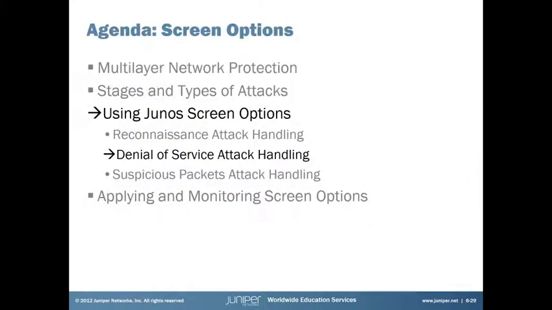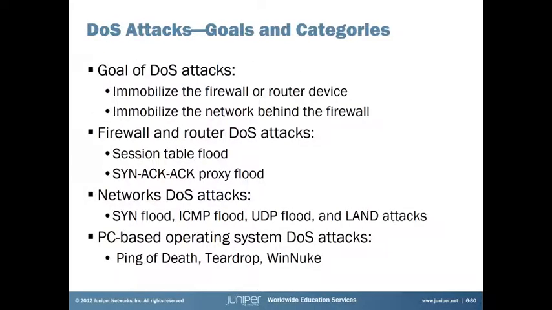Okay, so there's a range of different things we're looking at here. There are different hacking attacks that we can configure these options to deal with. Here's a DOS attack. The goal of a DOS attack is to immobilize the firewall router, or immobilize the network behind the firewall. As I said, basically swamp it with traffic so that it can't function.